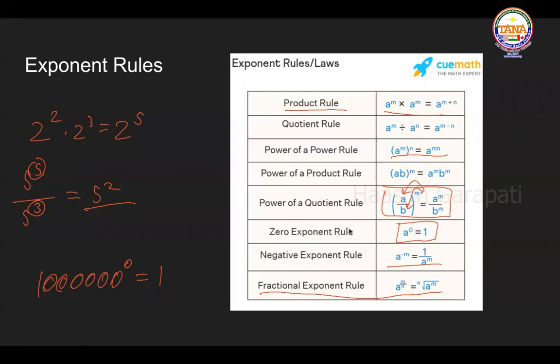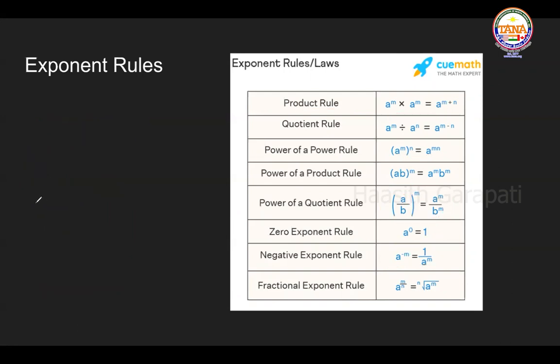This is a very interesting one that I want to go over, where remember how we have a square root, or sorry, not just square root, any root in particular, is kind of the same thing as a fractional exponent. So you can actually combine that with exponent rules. If you have a fractional exponent, such as a to the power of 3 over 2, the denominator represents the root, and the numerator represents the exponent, the increasing exponent.